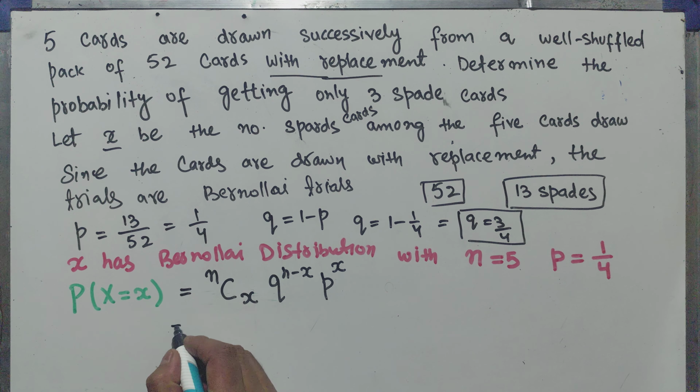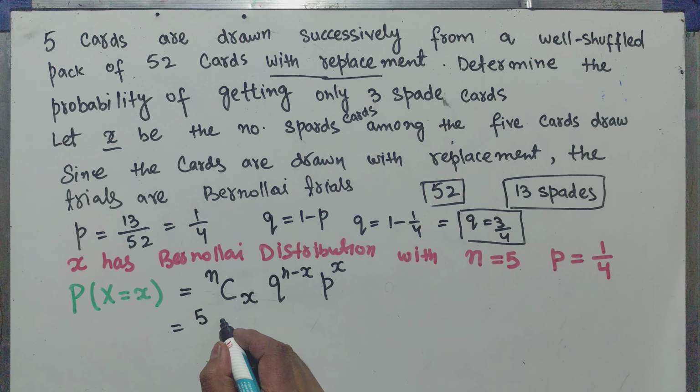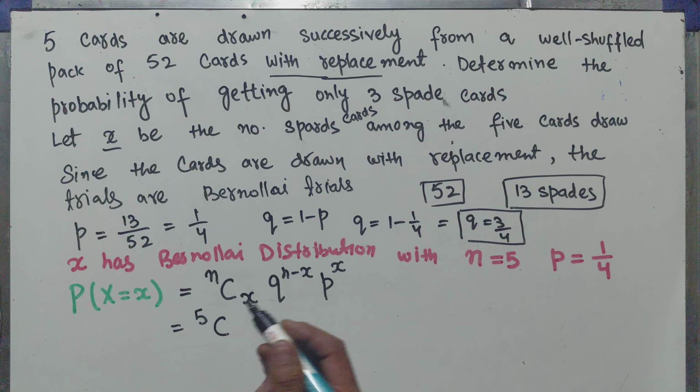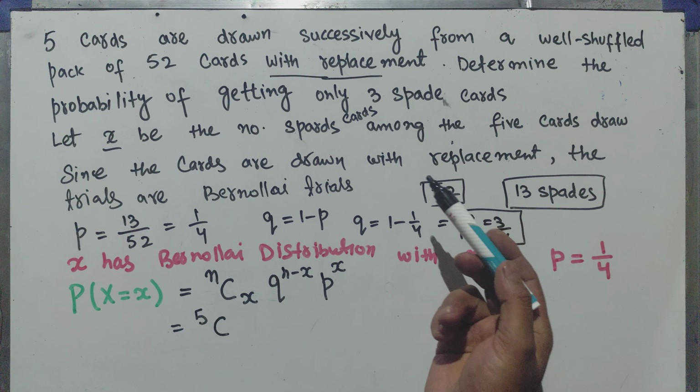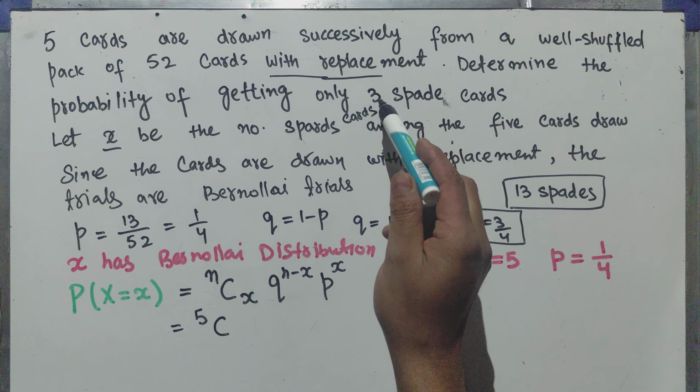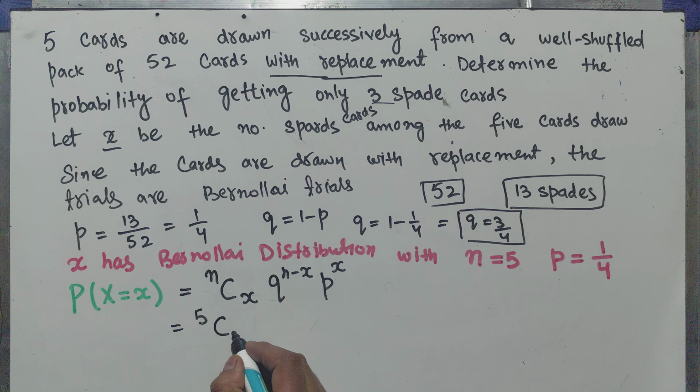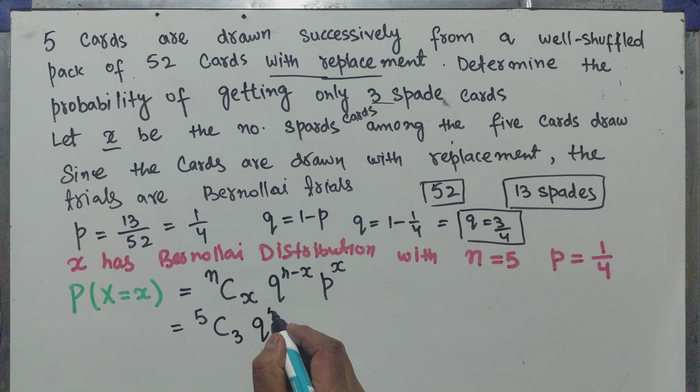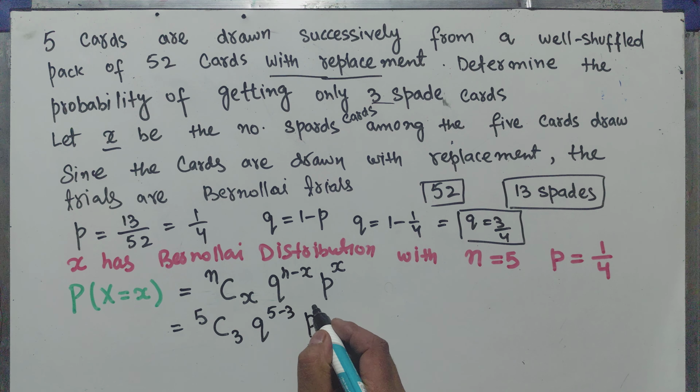So here we have n is 5, so we can write 5C, since we need to get 3 spade cards, so here we have 3, Q raised to the power 5 minus 3, P raised to the power 3.